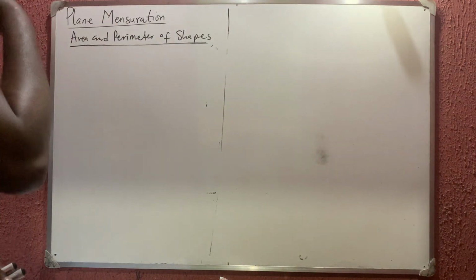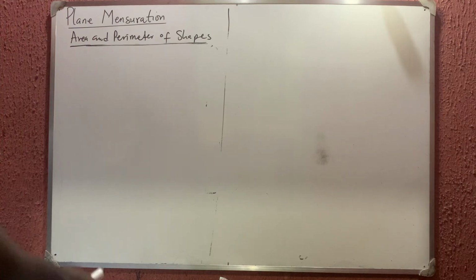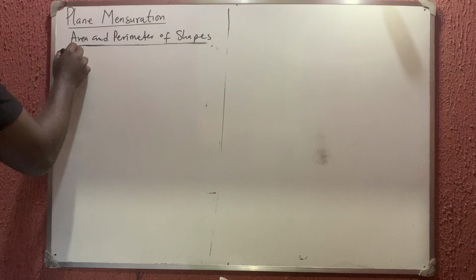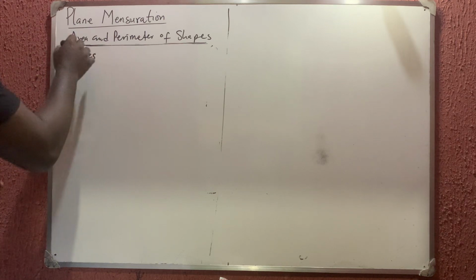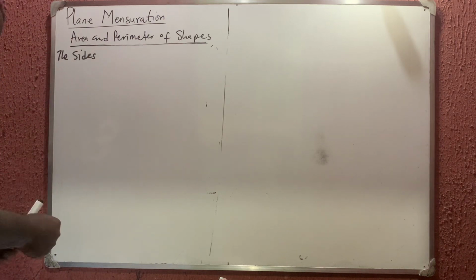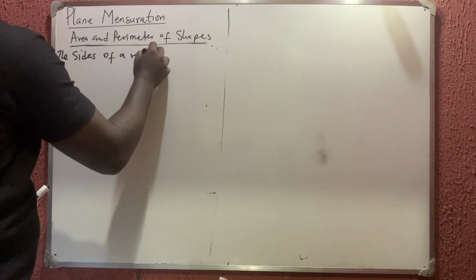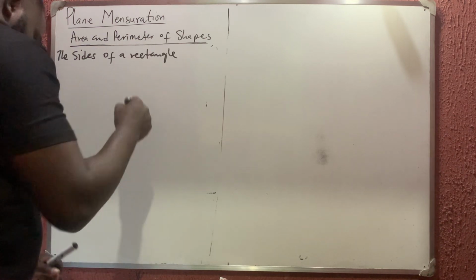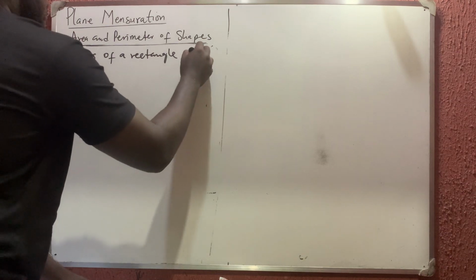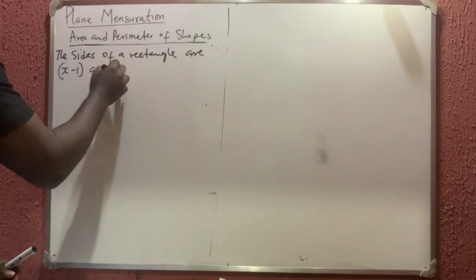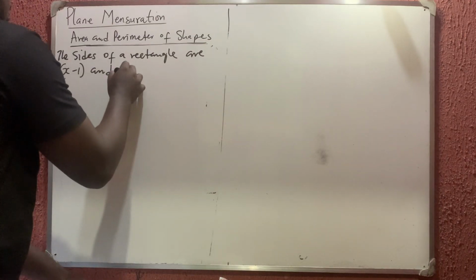So the next question here said the sides of a rectangle are x minus 1 and x plus 3.